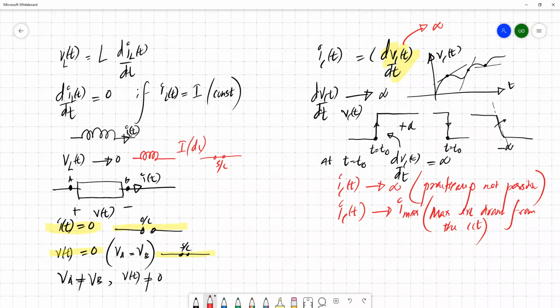Whether in the mathematical form the current goes to infinity, in the practical sense we can map it to this. This current simply jumps to its maximum. If it jumps to maximum, what happens to the rest of the circuit? Because we basically design a circuit for a certain value of current.